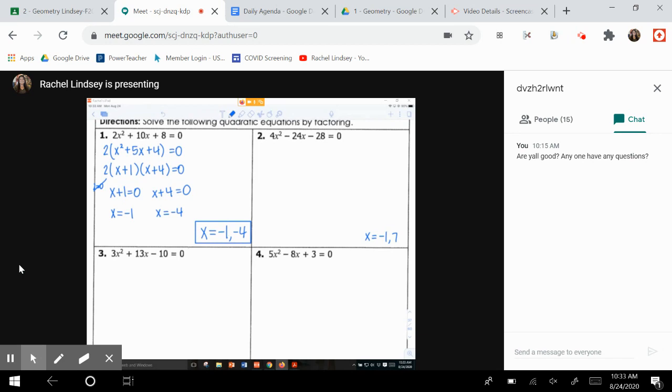Then I'm going to do number 3. So, number 3, do I have a greatest common factor? None. So what do I need to do? Slide and divide. Slide that 3 to the 10. I have x squared plus 13x minus 30.